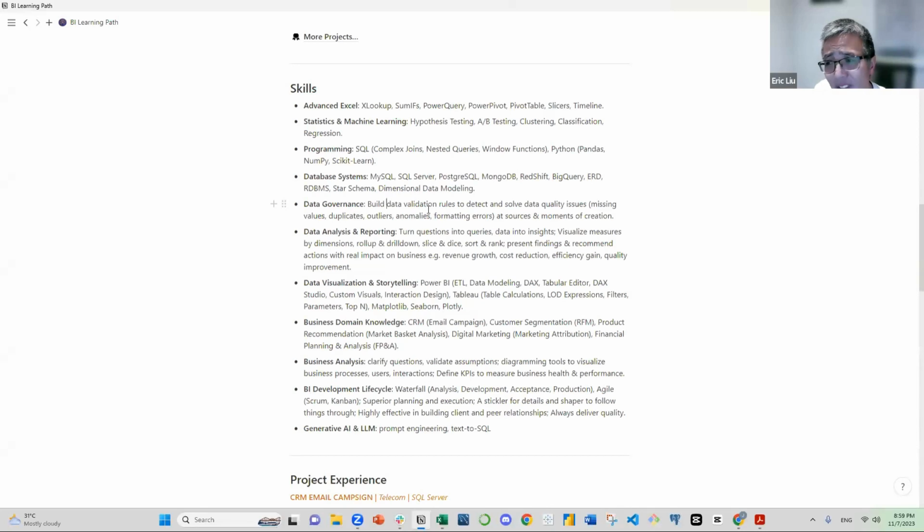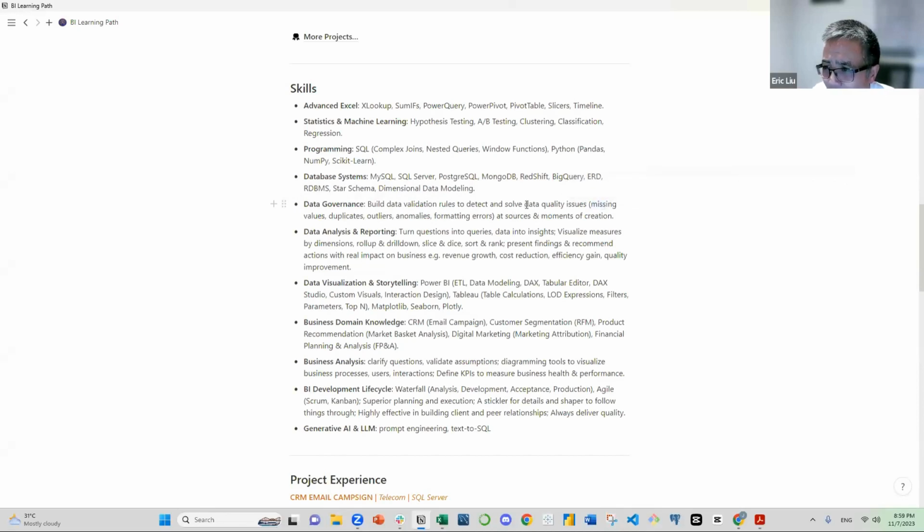So over here, this is just one way to write it. Build data validation rules to detect and solve, not just detect the data quality issue, but to solve it, right? And what kind of data you use? And once again, I don't know if you notice, every single time I write, even though it's really, really short, I always give people specific details.